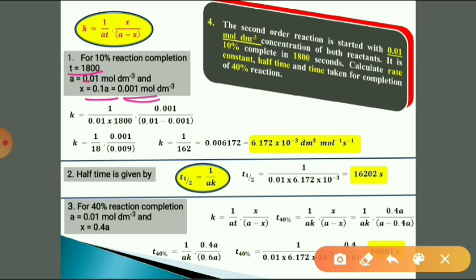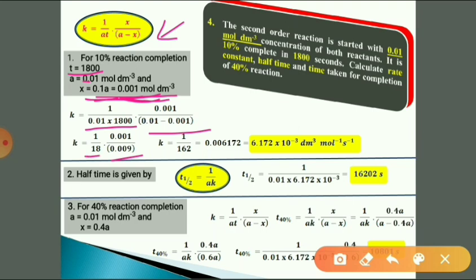Substituting all these values in this equation, we get k equal to 1 upon (the value of a, 0.01, into t, that is 1800 seconds), into x, which is 0.001, divided by (a minus x, that is 0.01 minus 0.001). This factor is nothing but 0.009.